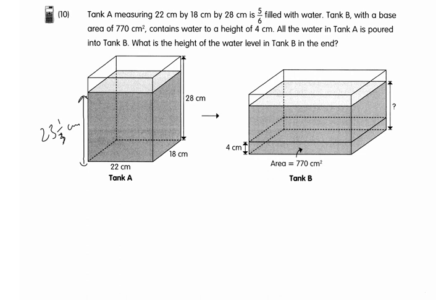So first, of course, we need to find the volume of water in tank A, right? How do I find the volume of water in tank A, Jingjie? What you need to do is 5/6 multiplied by the capacity of the tank, which is 22 multiplied by 18 multiplied by 28.